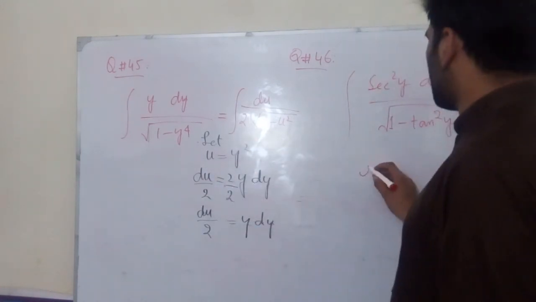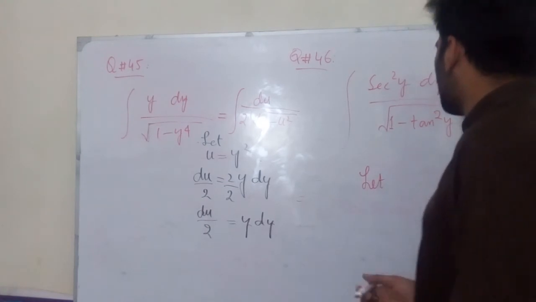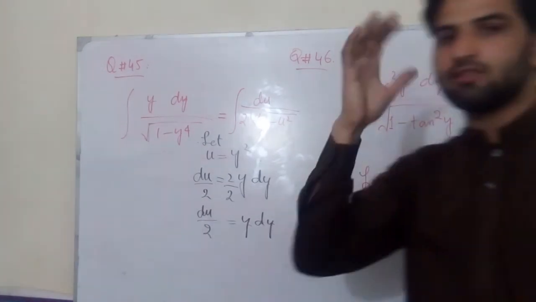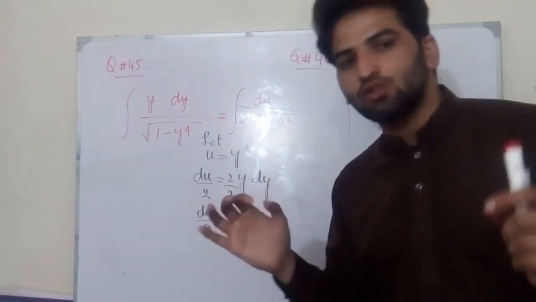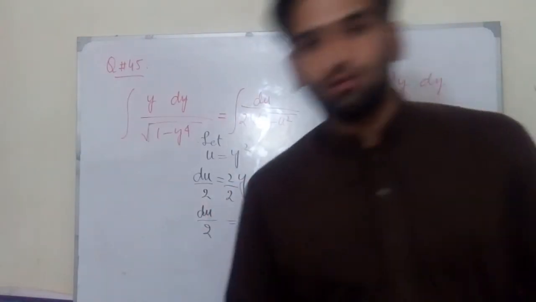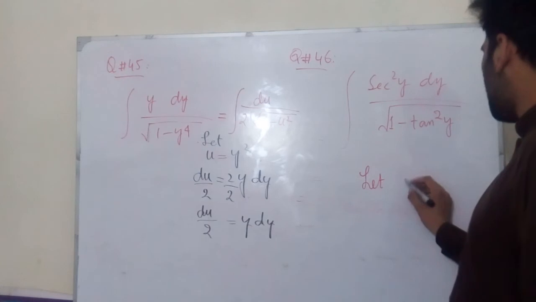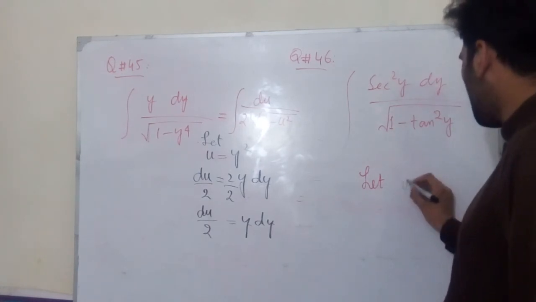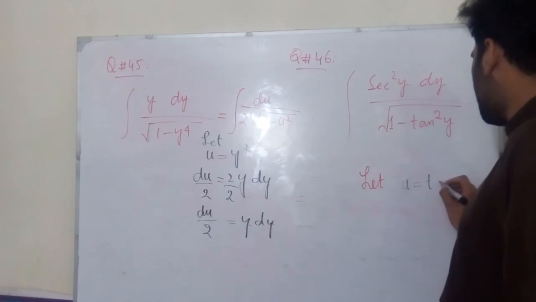Pretty simple. Now in the second, this is 1 minus u square, so u equals tangent y.